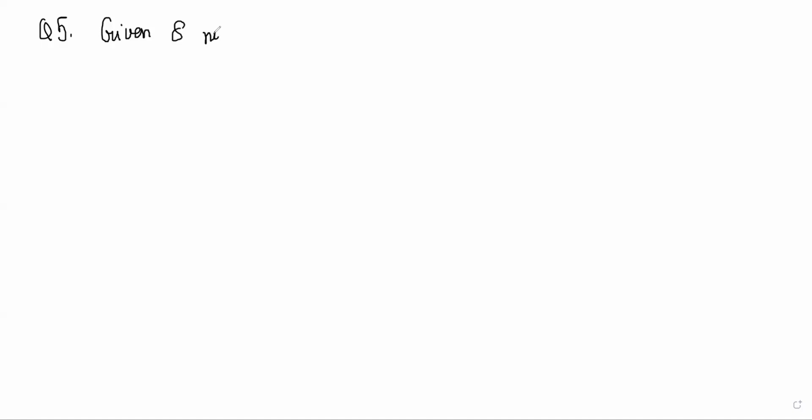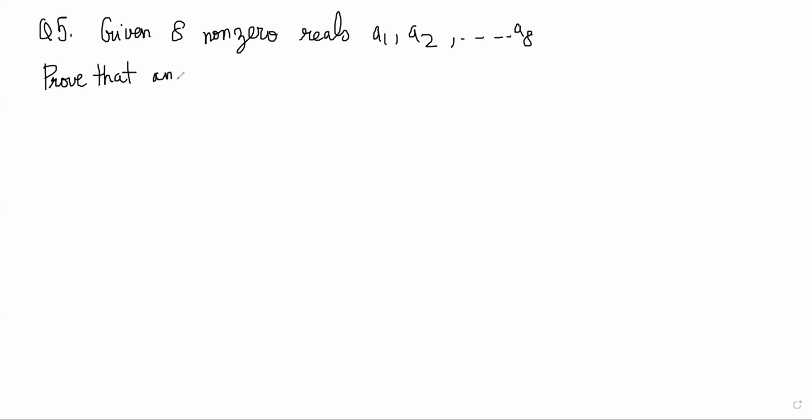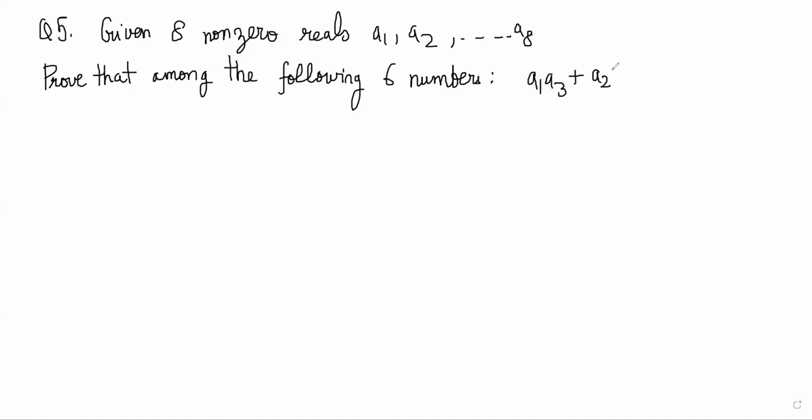given 8 non-zero reals, A1, A2 till A8, prove that among the following 6 numbers, and what are the 6 numbers? They are A1 A3 plus A2 A4, and A1 A5 plus A2 A6, and A1 A7 plus A2 A8.